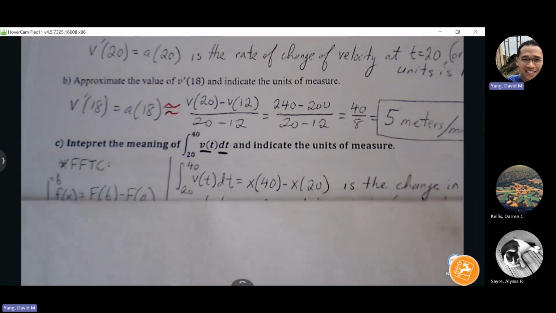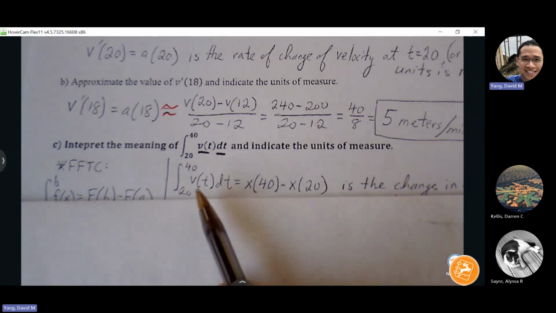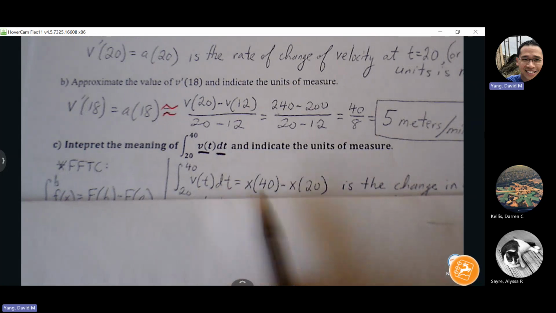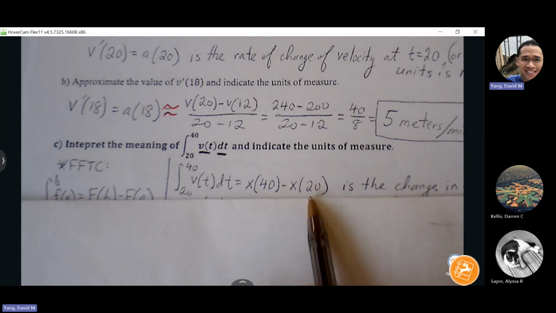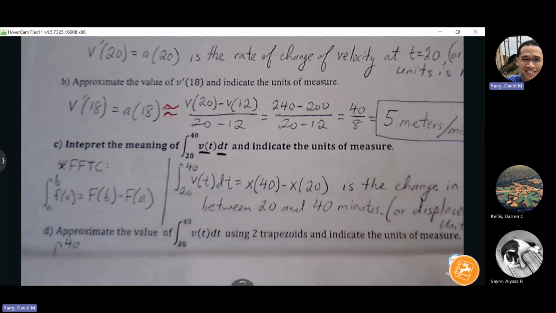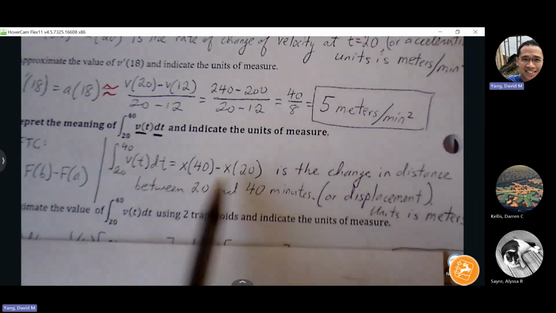Change in distance. I want to show you what that means here. If I apply the first theorem, we know velocity turns into position, so it's x of 40 minus x of 20. This is where she's located at 40 minutes versus where she's located at 20 minutes. And if I do x of 40 minus x of 20, that indicates how much distance she's covered in those 20 minutes, the change in distance.